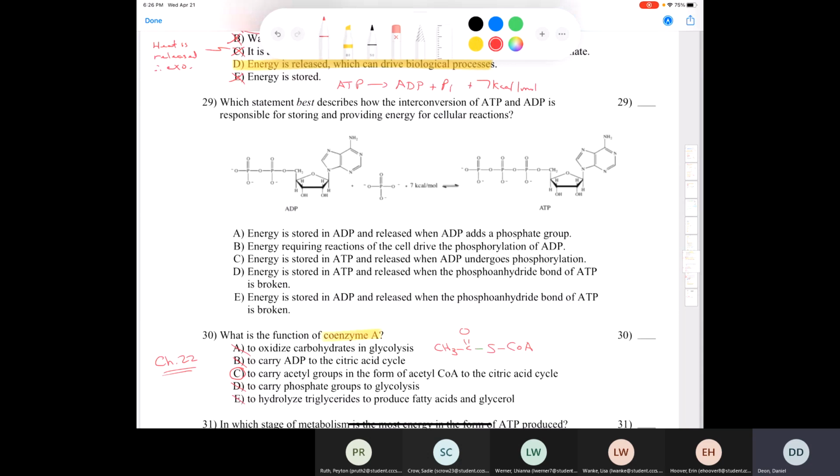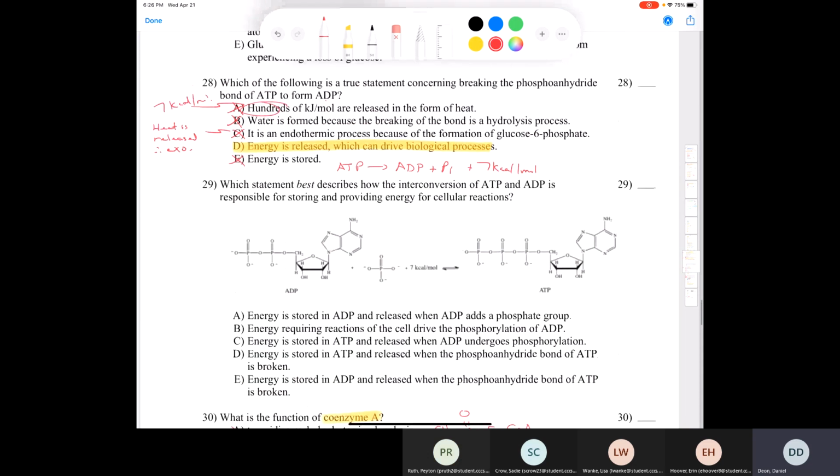Question 29. Which statement best describes how the interconversion of ATP and ADP is responsible for storing and providing energy for cellular reactions? Well, we've already looked at this, really. Possible answers are A, energy is stored in ADP and released when ADP adds a phosphate group. That's just plain wrong. Energy requiring reactions of the cell drive the phosphorylation of ADP.